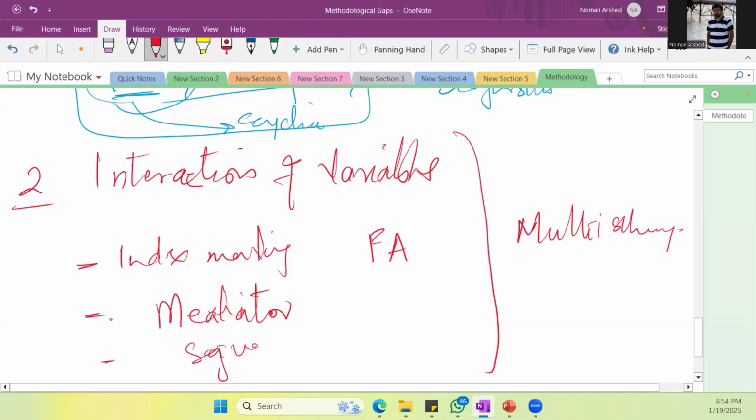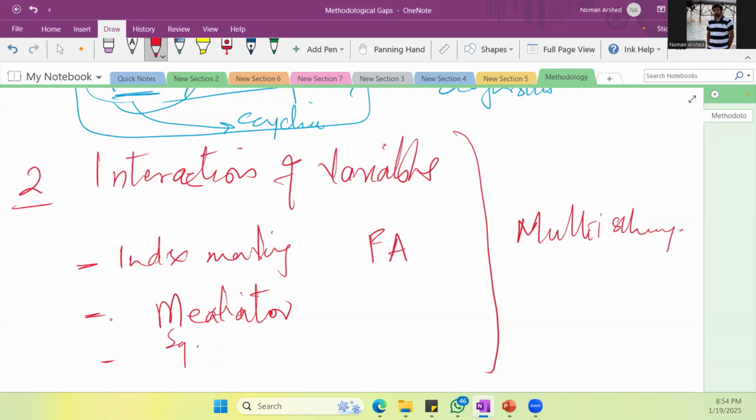So it can be multicollinearity or misspecification. So these are two major sources of problems.